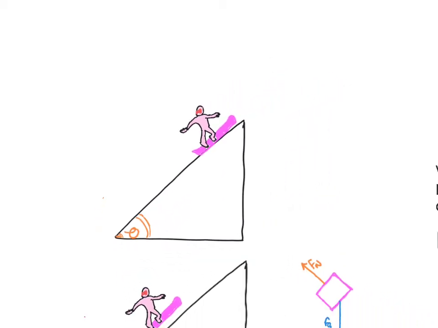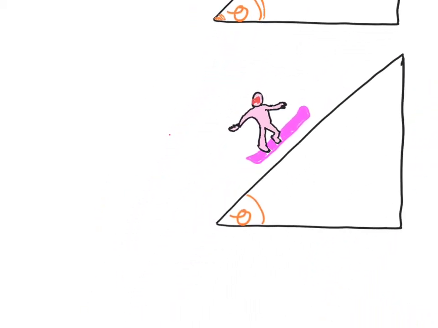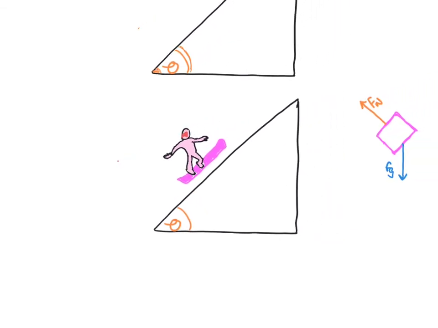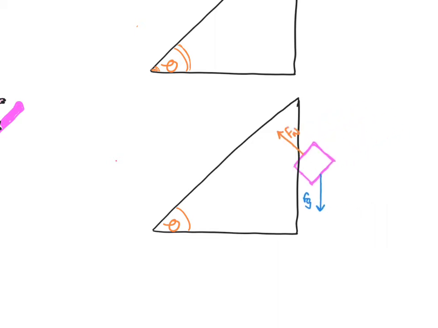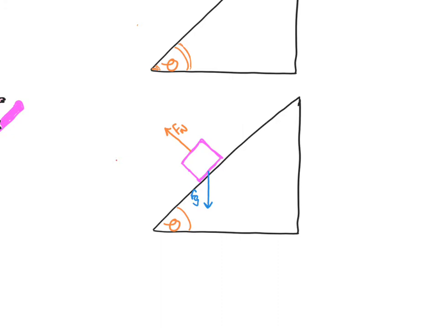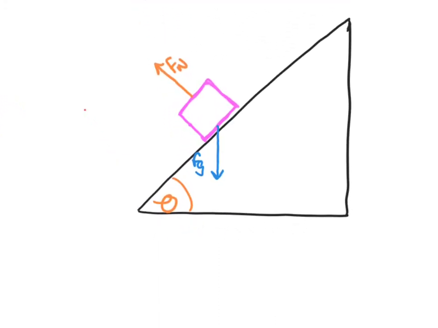And so one thing that we can use to help us out here is we might want to get rid of Pat. Sorry, Pat. Okay, you're gone. And we might want to just use a simple representation of this scenario. So we go back to our FBDs. The pink box represents Pat, and we're just going to firstly show the forces acting on an inclined plane problem.